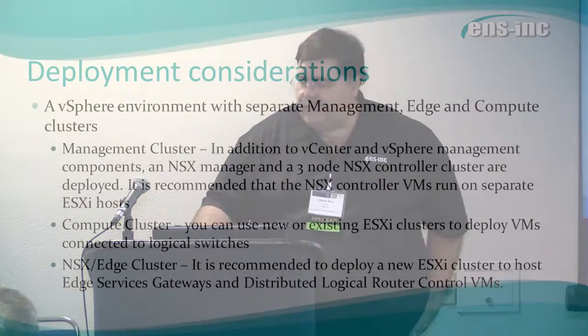For VXLAN, remember there's a requirement because we're doing that encapsulation. The MTU on the underlay network needs to be set to a higher number. I don't know if you set it to 1600 or 1650. Probably a lot of you already have set jumbo frames to some much larger number anyway. The key here is like everything else, make sure it happens end to end along the whole path. Have to have the distributed virtual switch.